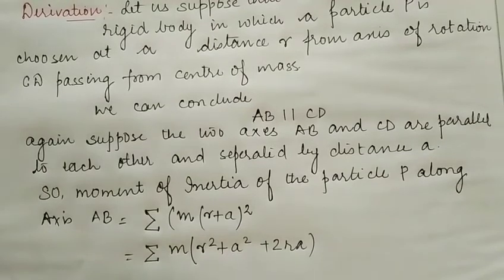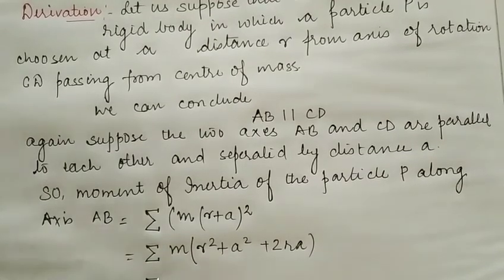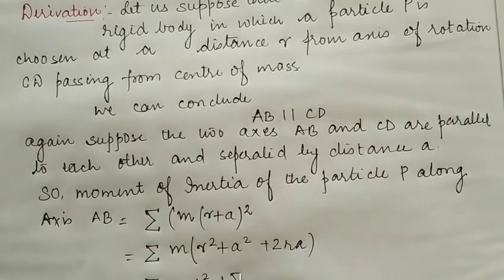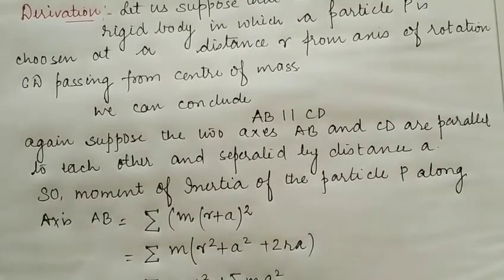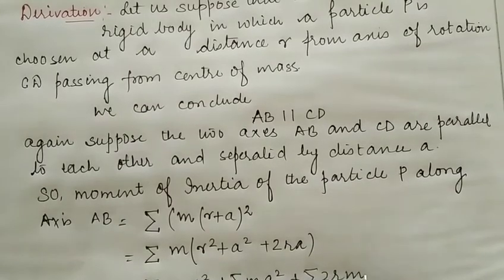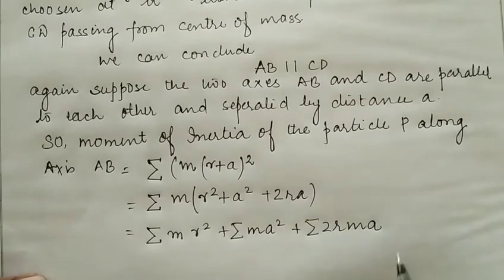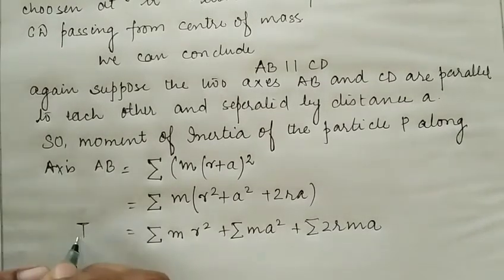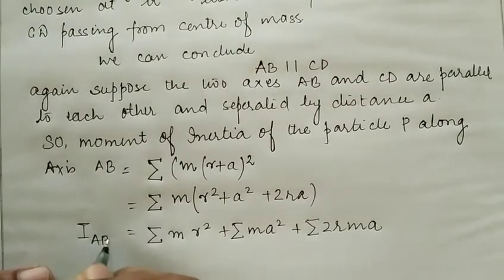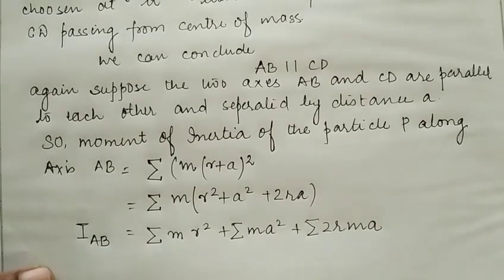From here we can also write the summation of m r square plus summation of m a square plus summation of 2 r m a. Here we have applied the distributive property to calculate the moment of inertia about the axis of rotation AB.